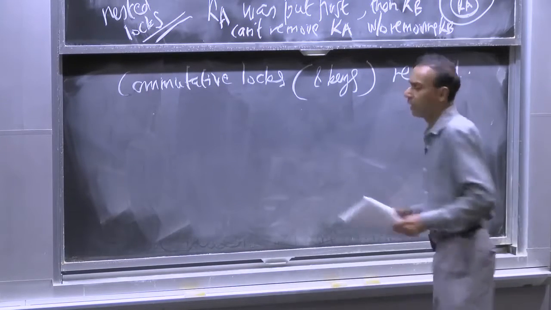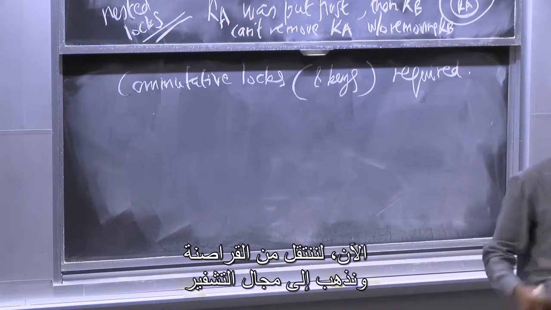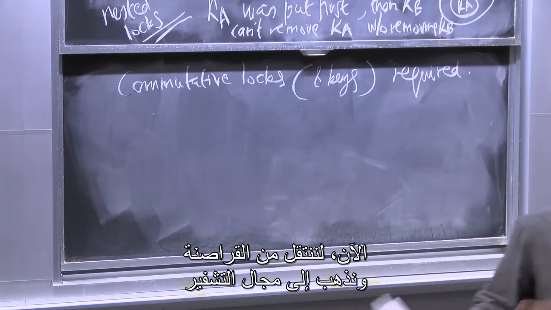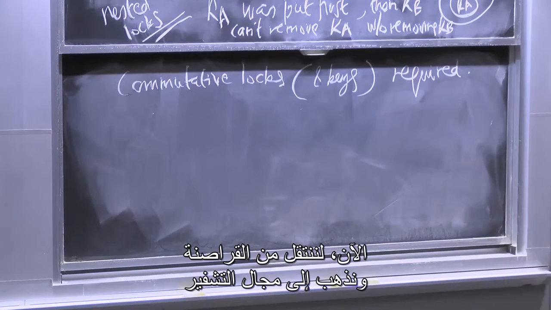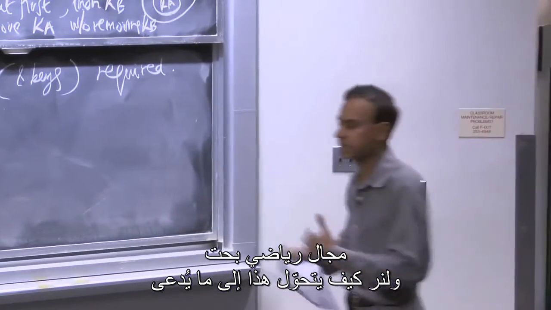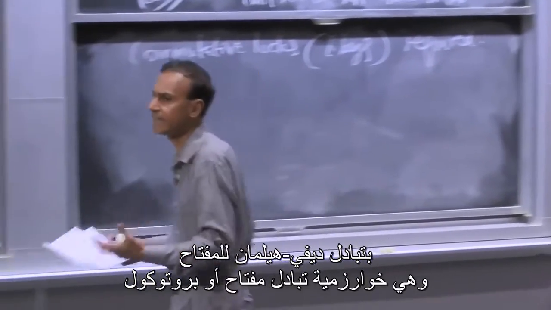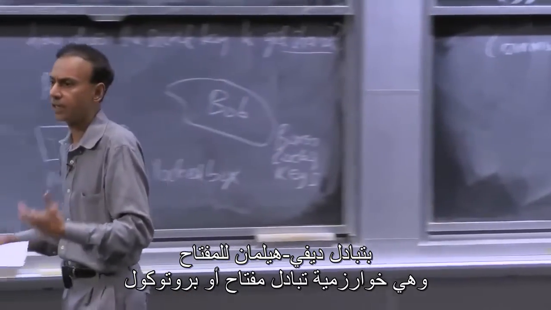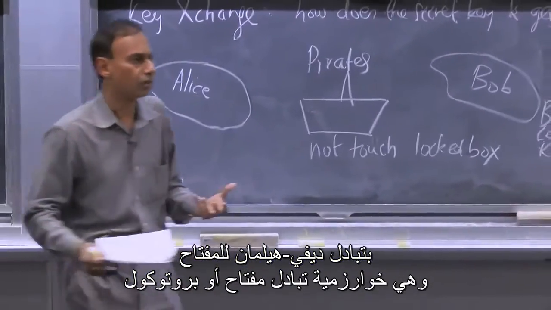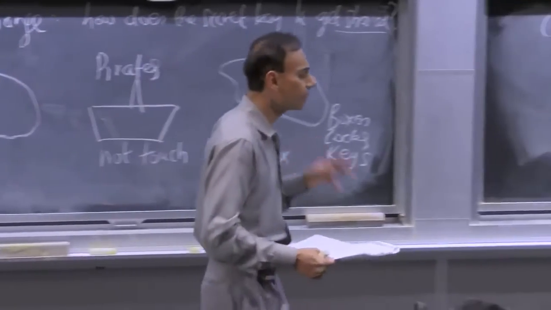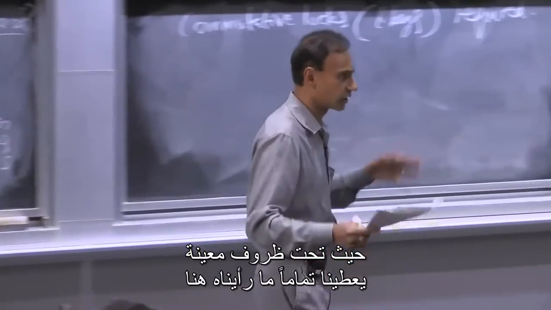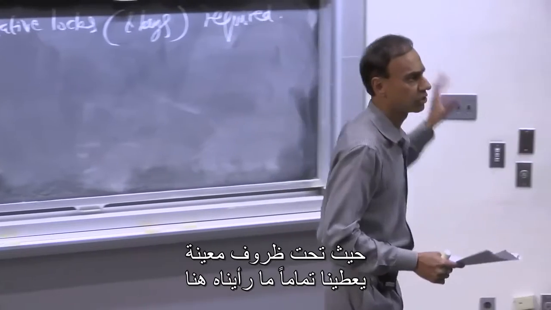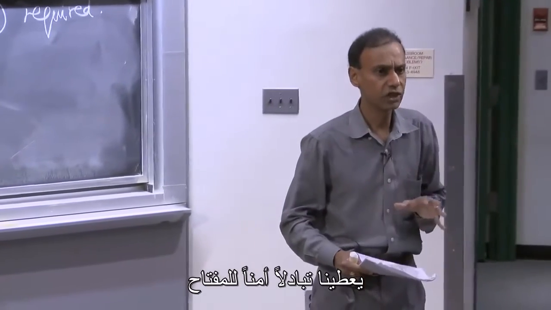And so now let's move away from pirates and go into the cryptography domain, the pure mathematical domain, and see how this turns into what's called Diffie-Hellman key exchange, which is a key exchange protocol that under certain conditions gives you exactly what you see here. It gives you a secure key exchange.